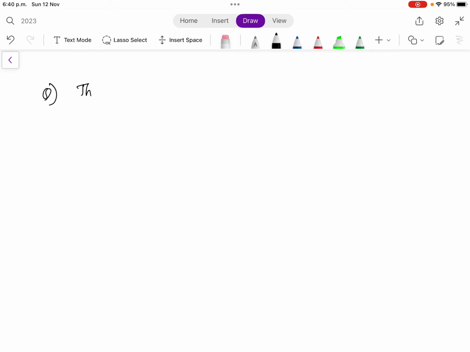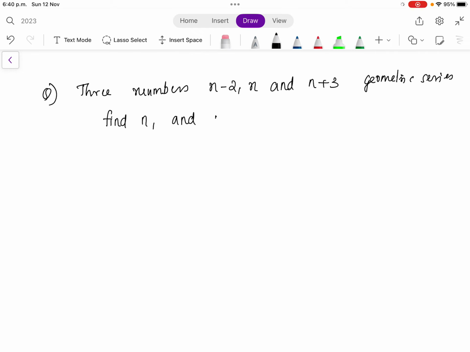Okay, let's do another question on this. There are three numbers, n minus 2, n and n plus 3, which are three terms of a geometric series. Find the value of n and write the series. So here the keyword is geometric series.